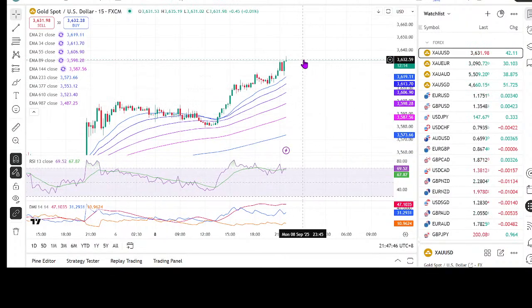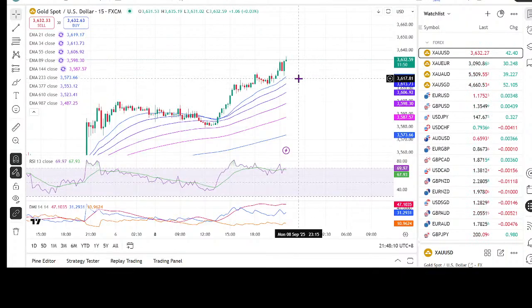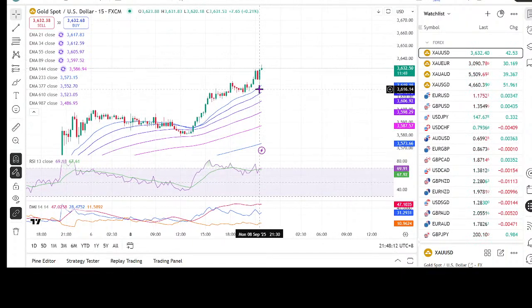I think this is just a temporary spike, so this 15-minute is a bit important because this is the final 15 minutes we are looking for. Remember we had a resistance at 35 and 37. So that's why I said sometimes there's two ways which we can trade.